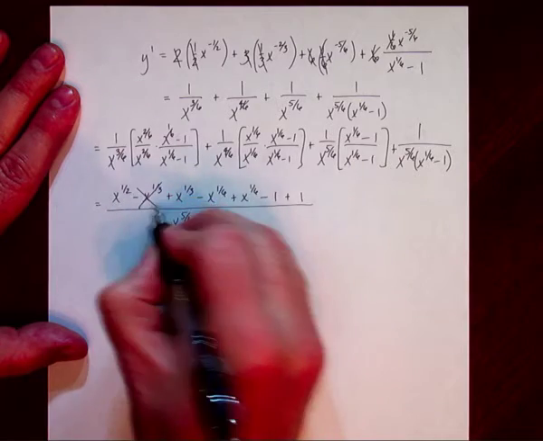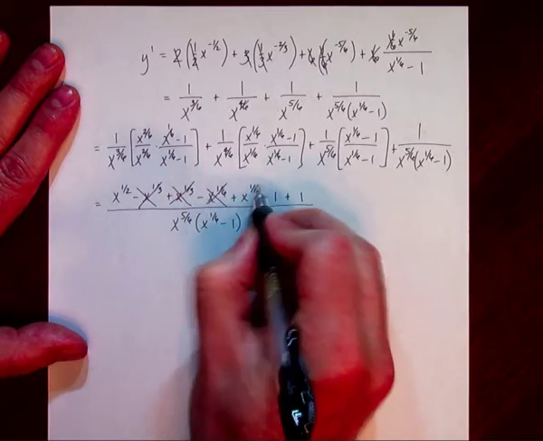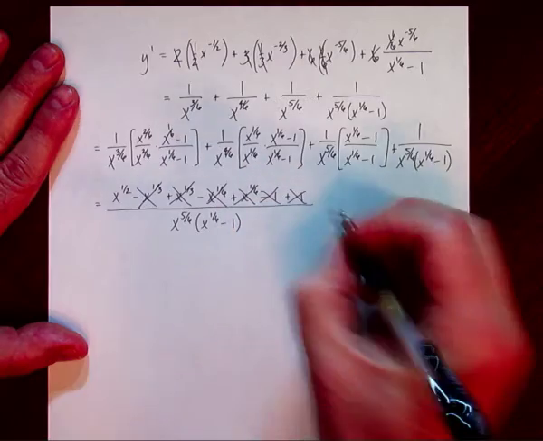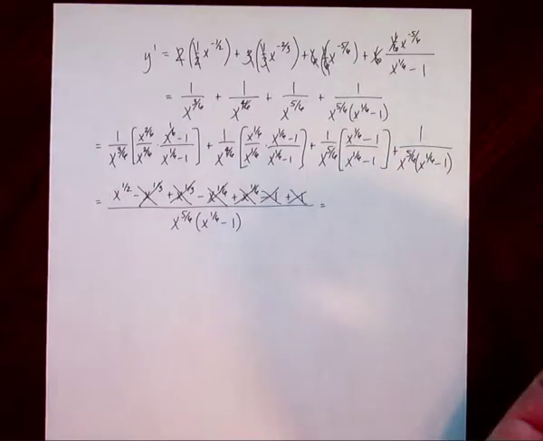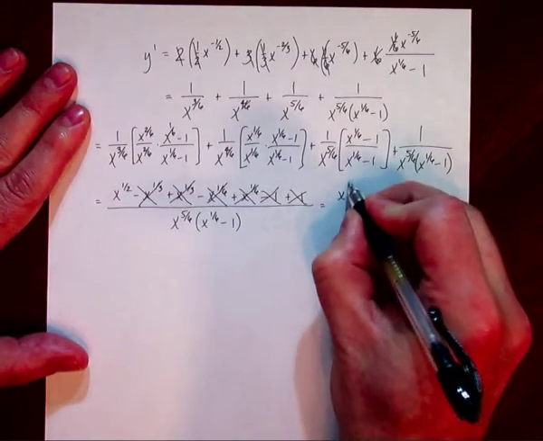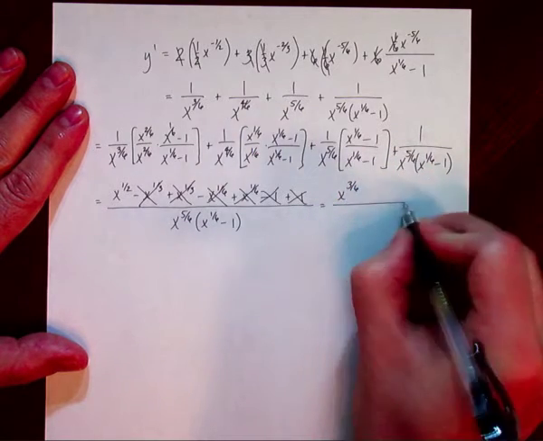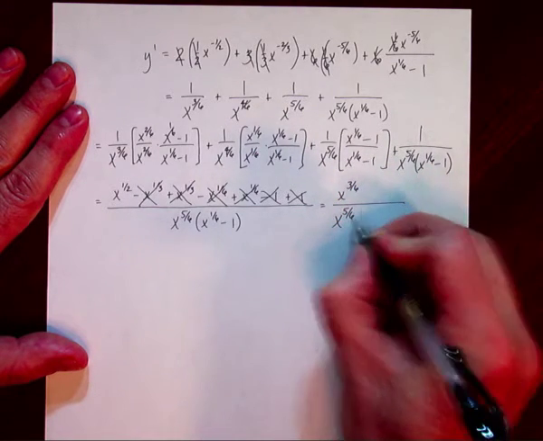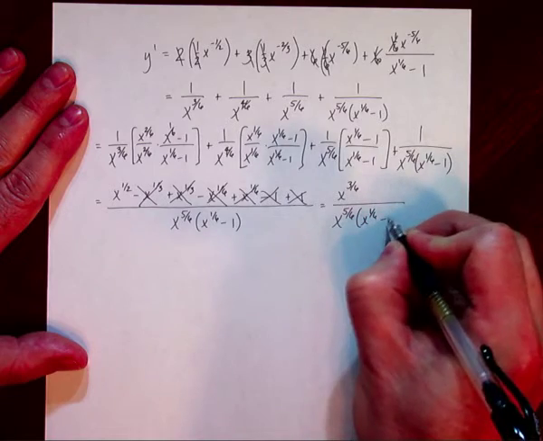This cancels with this cancels with this cancels with this, and what I'm left with is x to the 3/6 over x to the 5/6, x to the 1/6 minus 1.